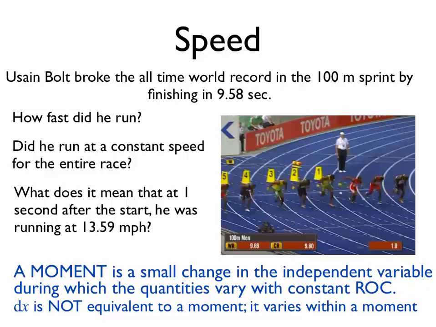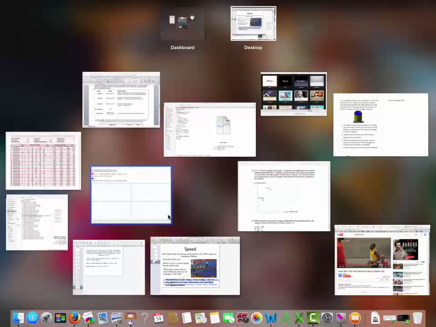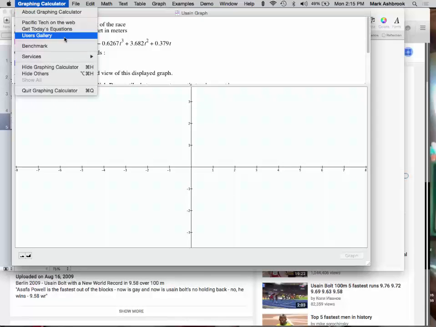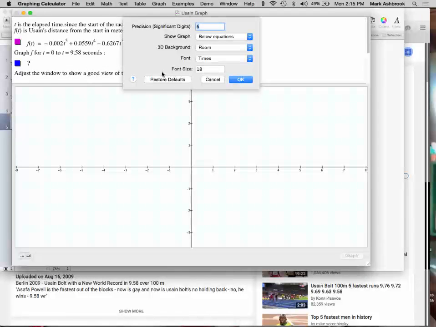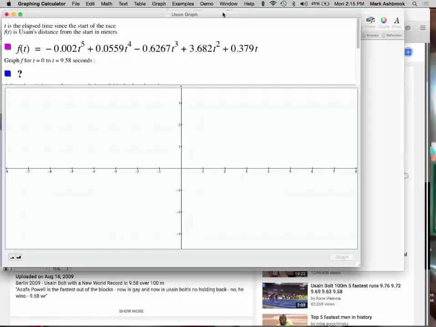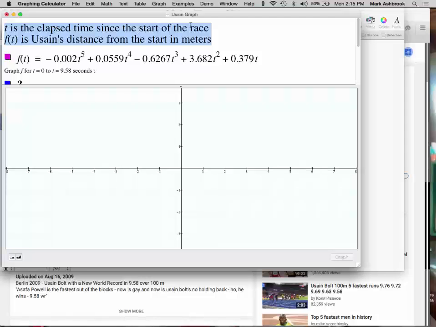Okay, so let's look at the graph of his race. So this actually models his, unfortunately, where t is his elapsed time since the start of the race in seconds.